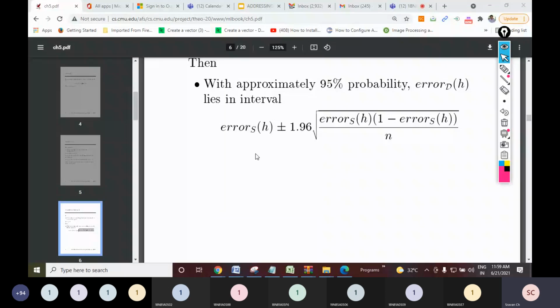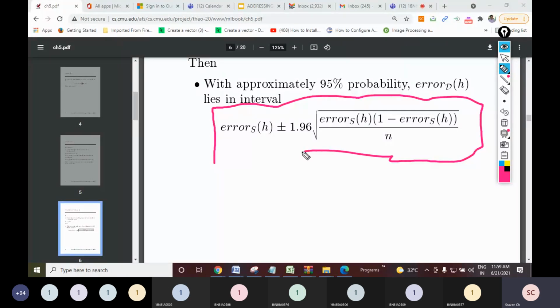Error S of h, the sample error, you know how to calculate. It is nothing but the number of misclassifications on the sample data. Out of 40 examples, 12 times there was a misclassification, so 12 by 40 is my error S of h.